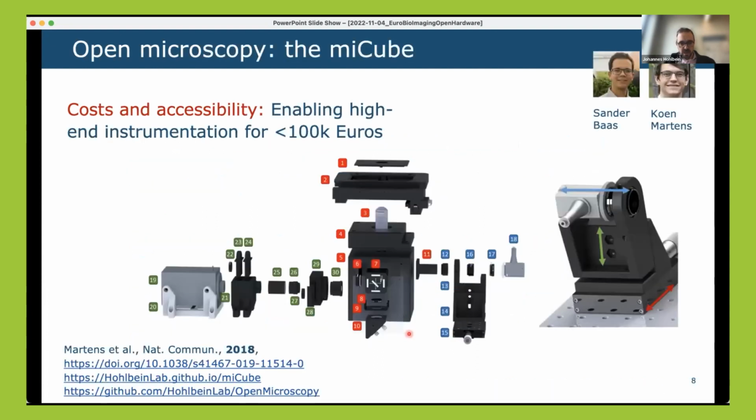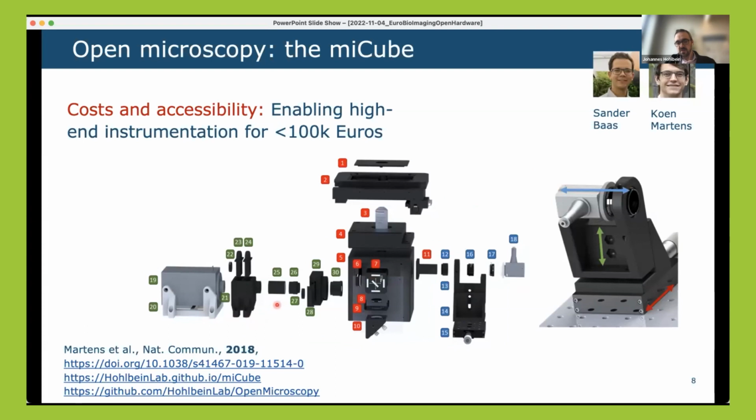So what we came up with almost 5 years ago is we developed the microscopy platform with the idea to make super resolution microscopy easier accessible. Yeah, so people here, Sander Baas, Koen Martens. So basically what we did is we developed a couple of parts, parts of them 3D printed, parts of them milled in a workshop, that you can put together, a relatively basic super resolution microscope, building, of course, on many different works.